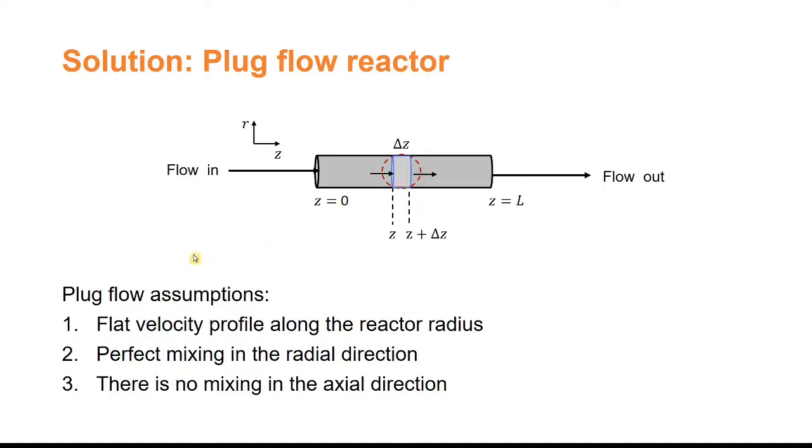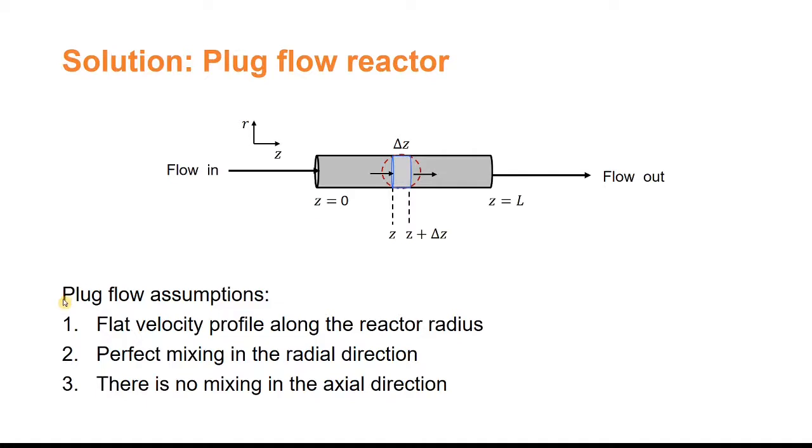The next step is to write some assumptions, and the first assumption is it is plug flow. A plug flow reactor is an idealization and is the simplest type of tubular reactor.